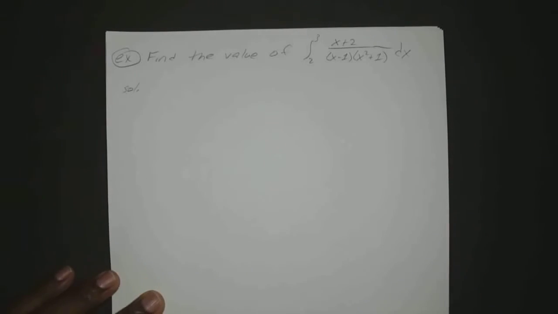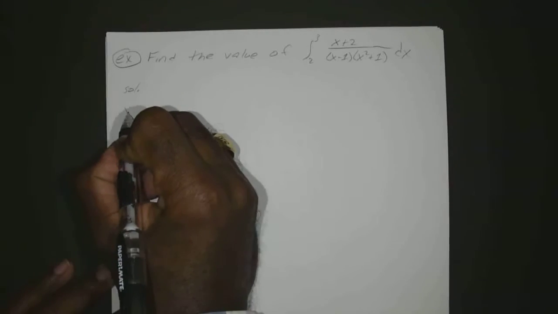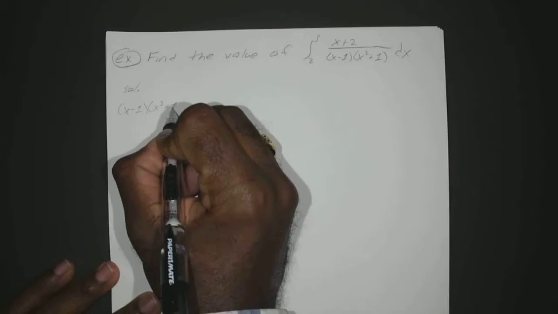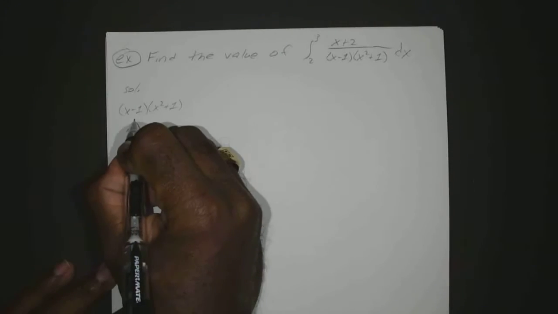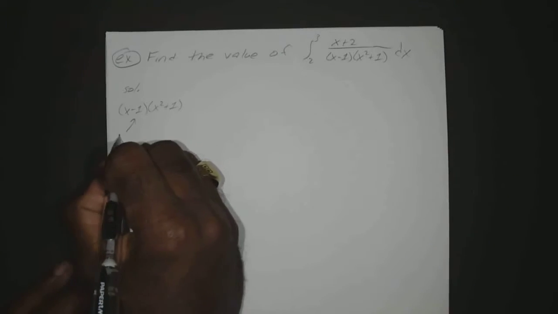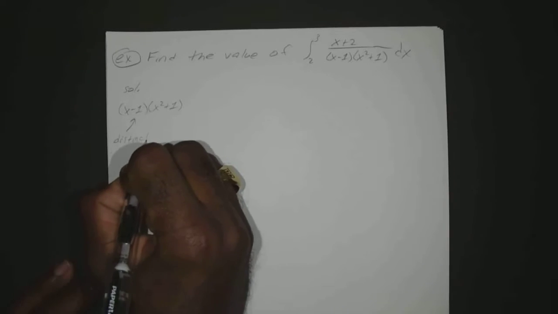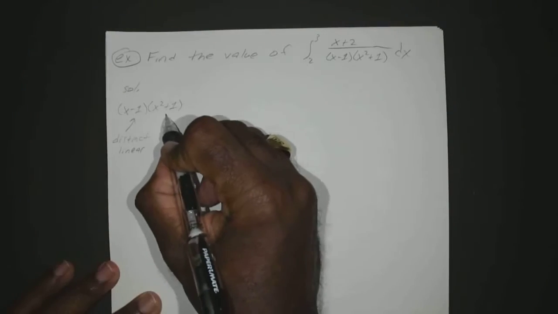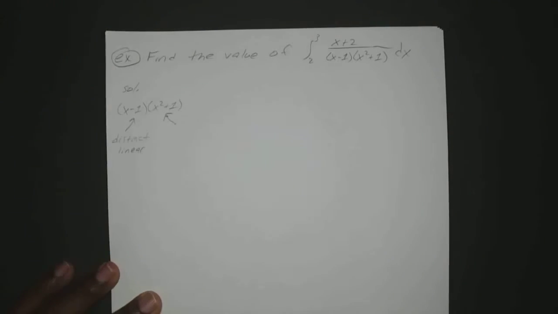All right, so the solution for that one, we start with our denominator. This one's distinct linear, but this one's an irreducible quadratic.